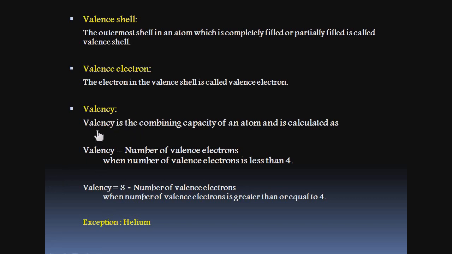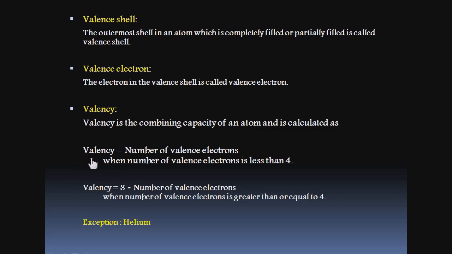Now going to valency. Valency is the combining capacity of an atom. It represents how many bonds an atom can form with other atoms. So, to find valency, we have a formula.